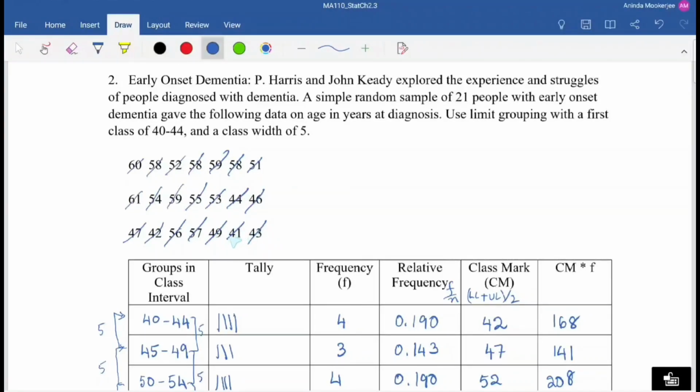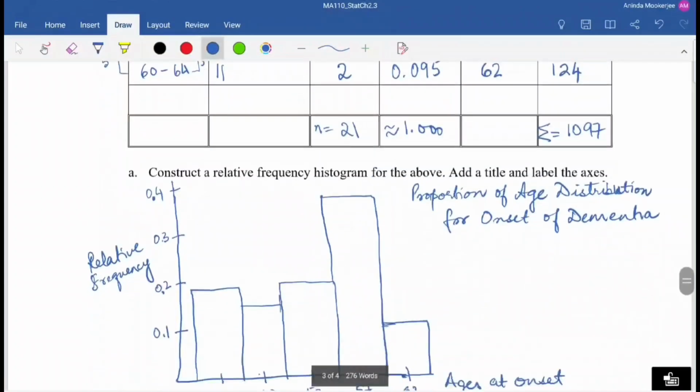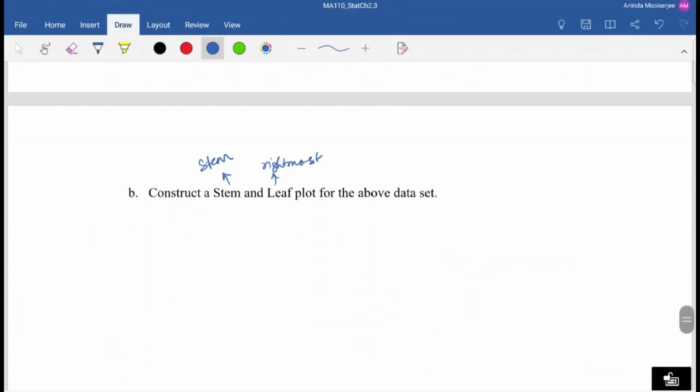So the lowest value in the stem would be a 4, and then we have a bunch of ages in the 50s, so 5 and 6, and we don't have anything higher than the 60s. So I'm going to list the values here.